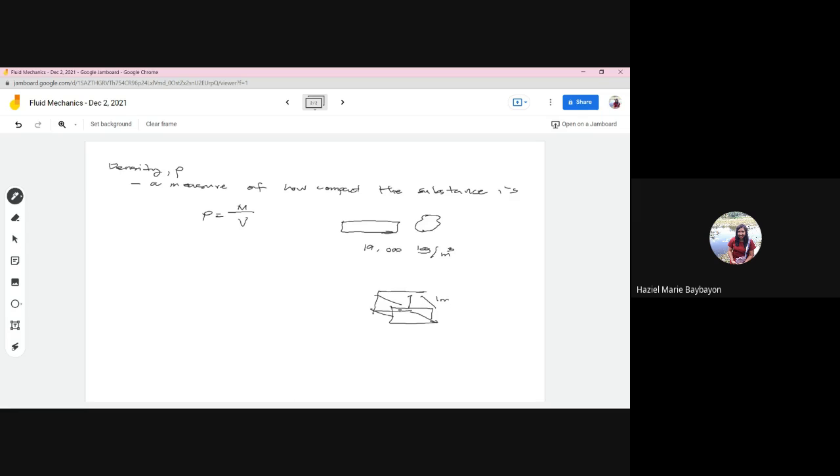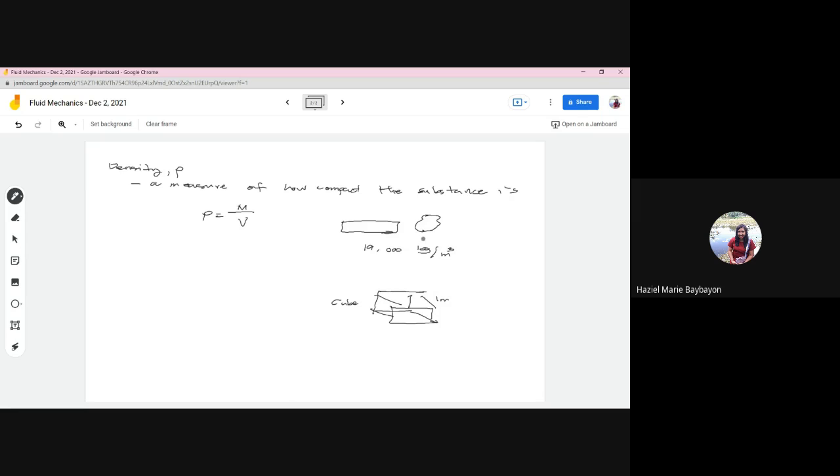Length, width, and height is 1 meter. The mass of this cube of gold should be equal to 19,000 kilograms. So for 1 meter cube of pure gold, its mass is equal to 19,000 kilograms.